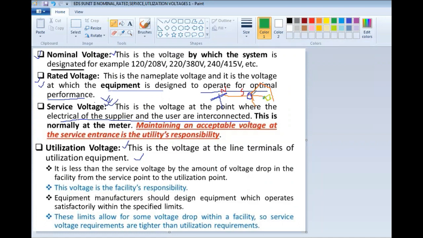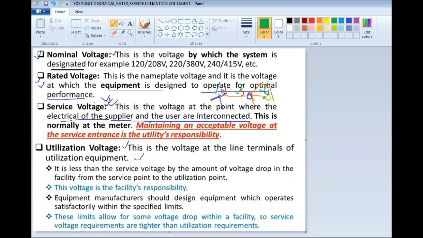So from the service main, a line is connected to the socket, and from the socket you get supply for the AC. Whatever voltage is available at the socket is called the utilization voltage. So these are the step-by-step stages: nominal voltage, service voltage, and utilization voltage.